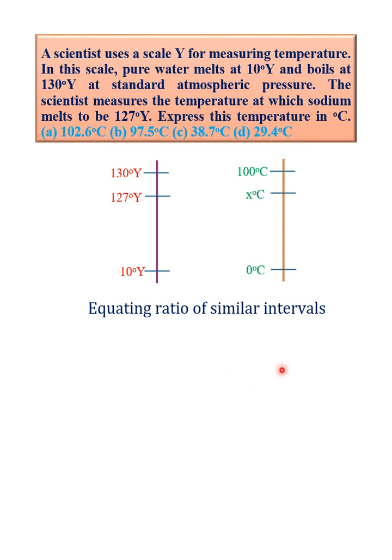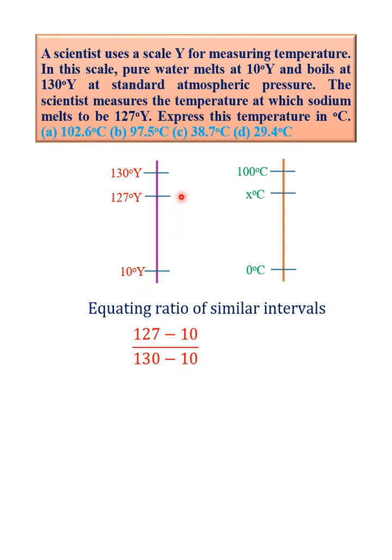This is what I mean. The interval between this and this is simply 127 minus 10. That is what we have here. The ratio means divided by the interval between this and this, which is 130 minus 10.